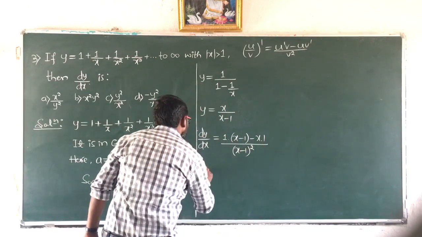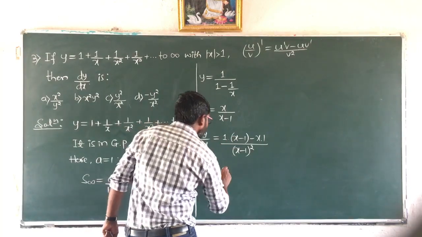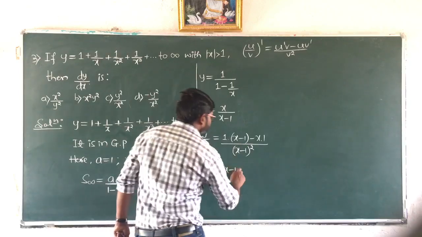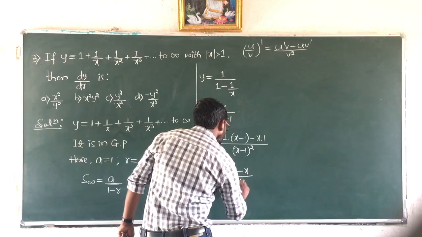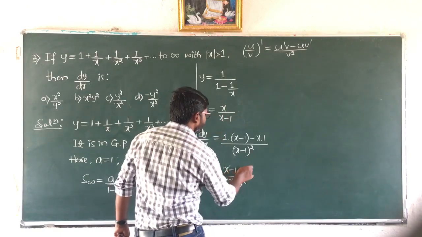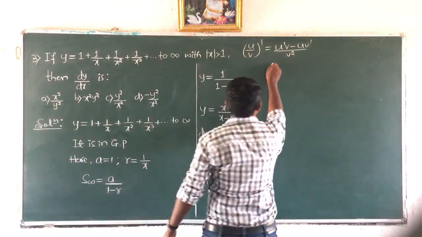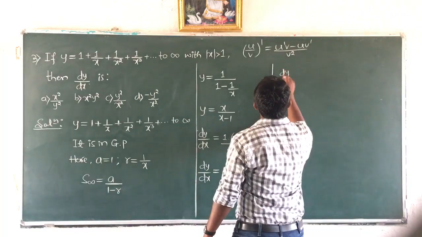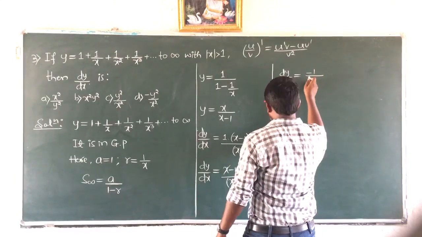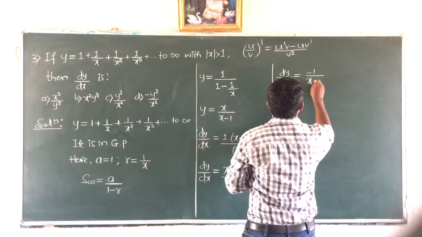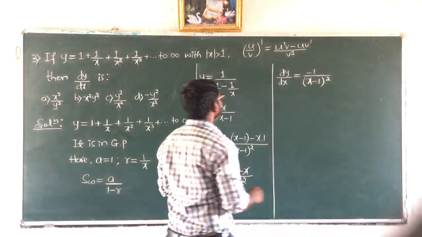So now dy by dx which is equal to, so 1 into x minus 1 it is x minus 1, then minus x into 1 it is x divided by x minus 1 the whole square. So here plus x minus x get cancels. We get minus 1 divided by x minus 1 the whole square. So dy by dx, which is equal to minus 1 divided by x minus 1 the whole square. But this is not there in the 4 options.